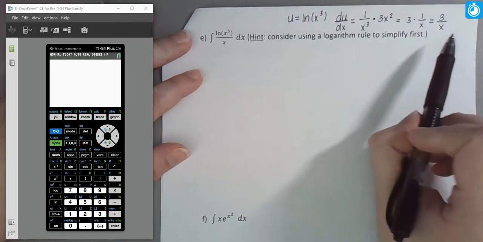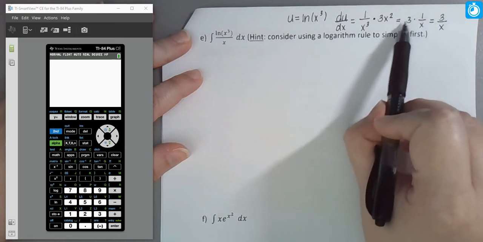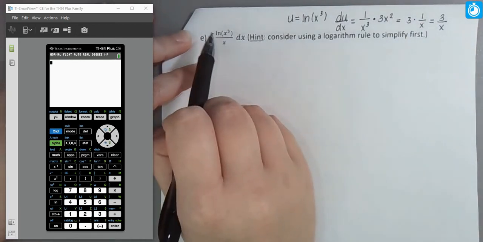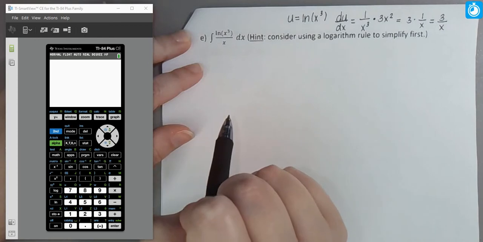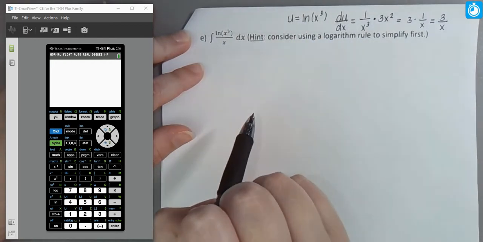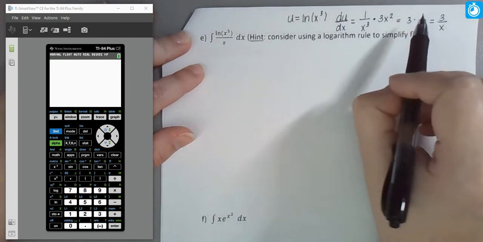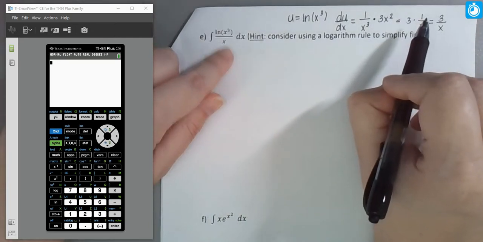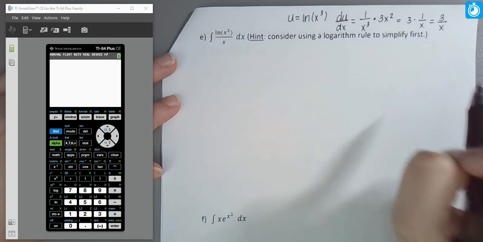Okay, so as it turns out, we see a multiple of 1 over x, which is actually there. So maybe we could do a substitution like that, because again, we see something related to a function that's already there in terms of that derivative.